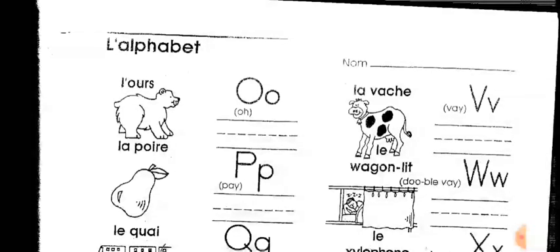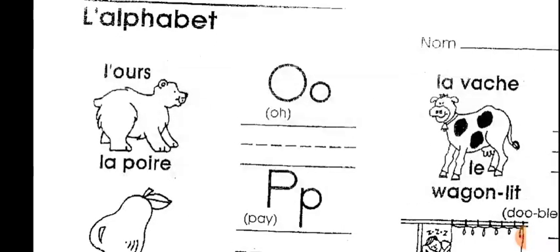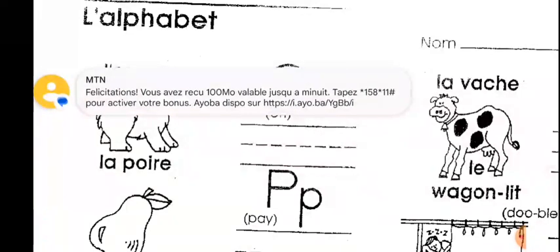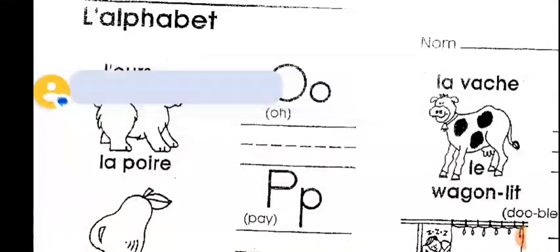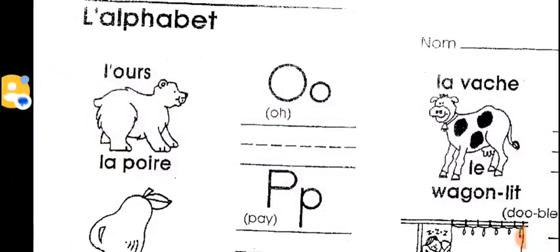So, the first word from la lettre O which we have here is l'ours. And again, how do we spell l'ours? As you can clearly see, l'ours is spelled L-O-U-R-S. Don't forget the L apostrophe.